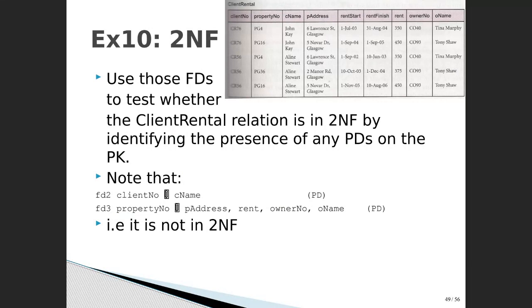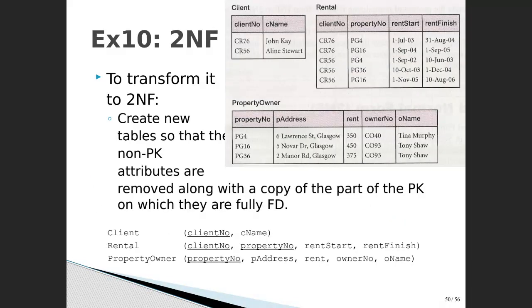We have two partial dependencies, and notice that they had that relation from the first approach. So it's not in its second normal form because there are still partial dependencies present in this relation.